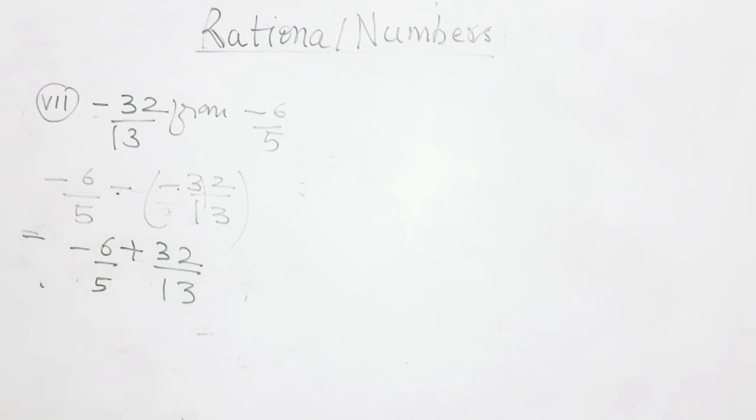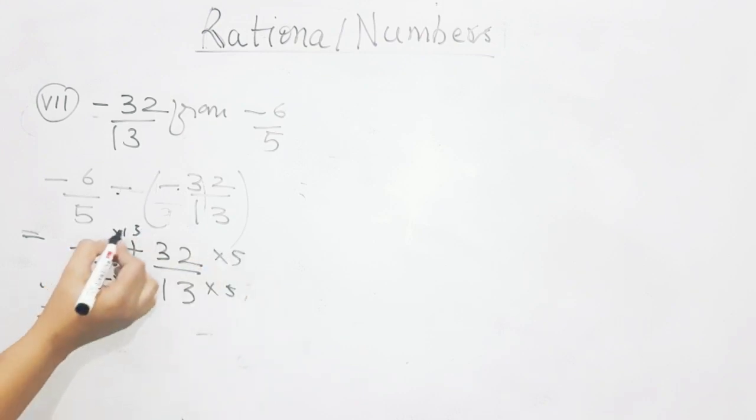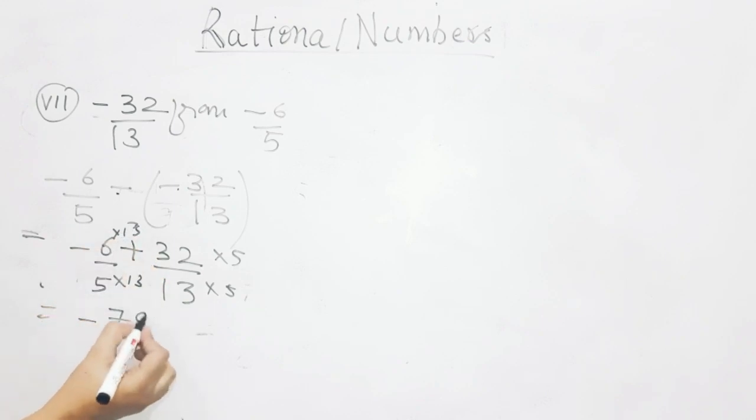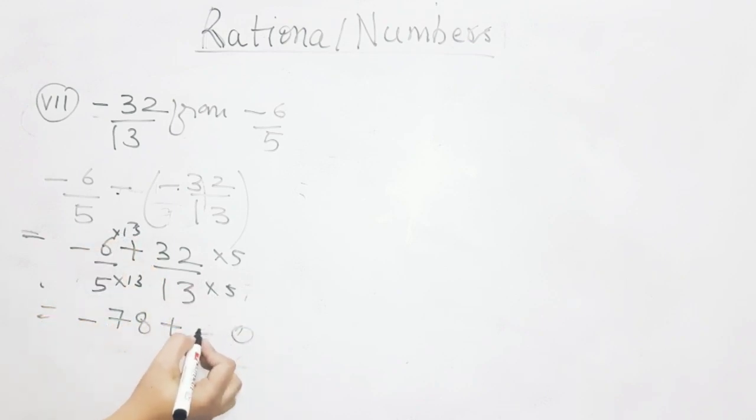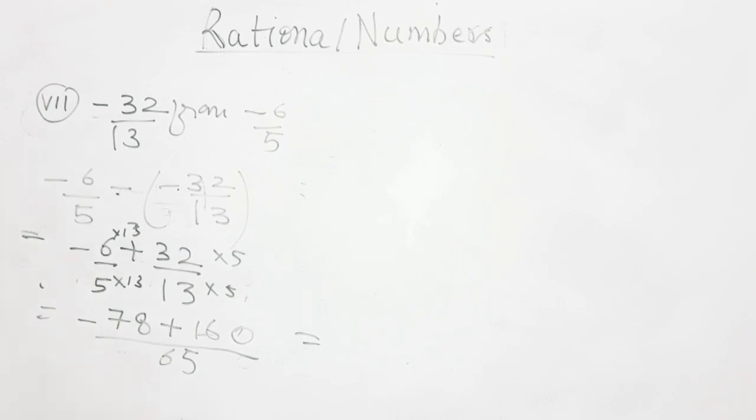And what is the LCM of 13 and 5? The LCM of 13 and 5 will be 65. So multiply by 13 and multiply by 5. So minus 78 plus 5 2s are 10, 5 3s are 15, 16, right? Plus 160 upon 65. Now 160 minus 78: one integer is negative, one is positive.